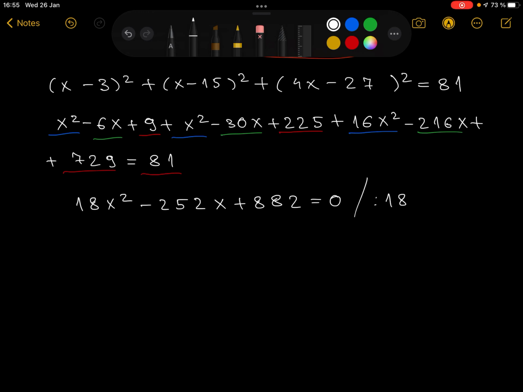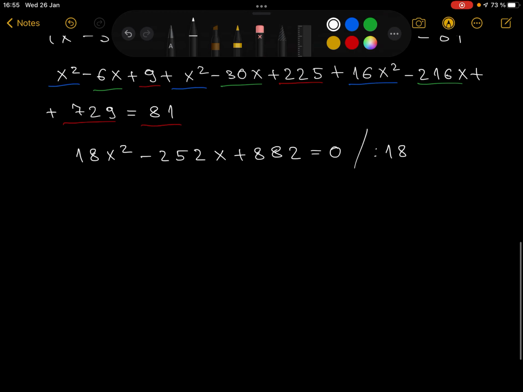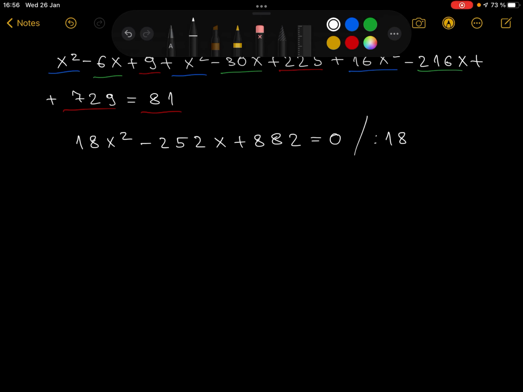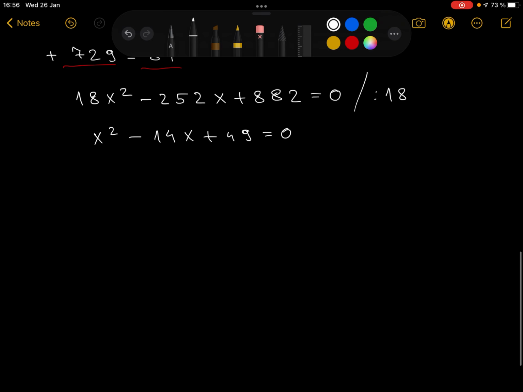Now we can divide both sides by the largest common denominator, which is 18, and we'll get that x squared minus 252 divided by 18, minus 14x, plus 882 divided by 18 is equal to 49, which is equal to 0.